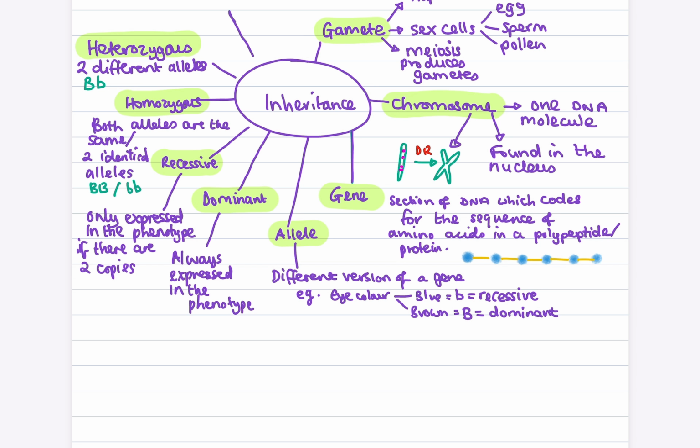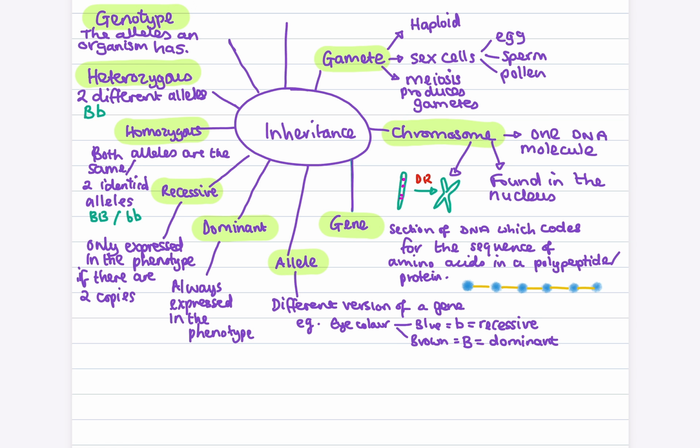Genotype. I've just about got space for the last two words. Genotype is the combination of alleles that an organism possesses. The alleles an organism has. I'm going to write has because it's a bit shorter for me to fit into that space.